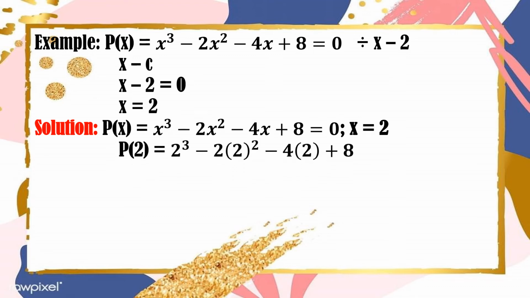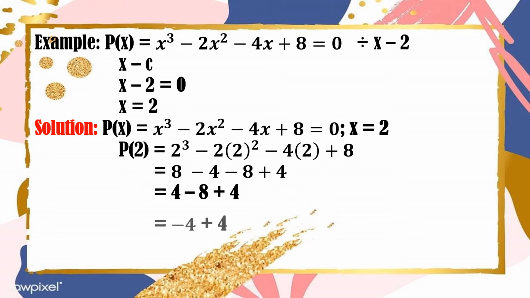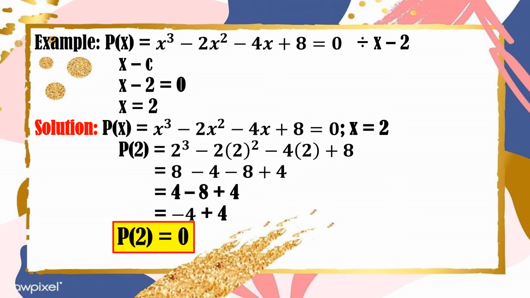So it will become p of 2 is equal to 2 cubed minus 2 times the quantity of 2 squared minus 4 times 2 plus 8 equals 8 minus 4 minus 8 plus 4 equals 4 minus 8 plus 4 equals negative 4 plus 4. So since they are unlike signs, subtract. So p of 2 is equal to 0. And 0 is the remainder.